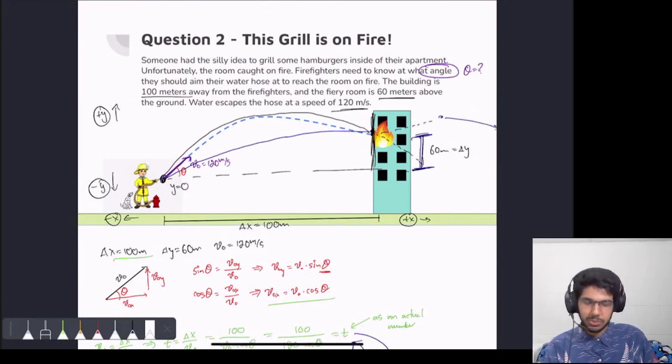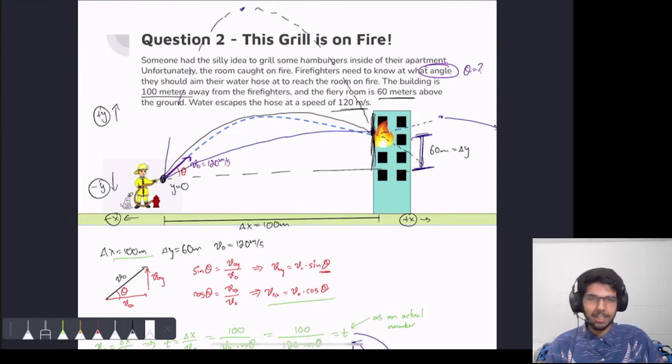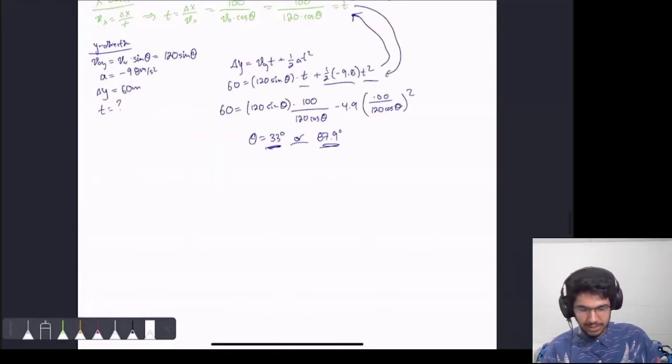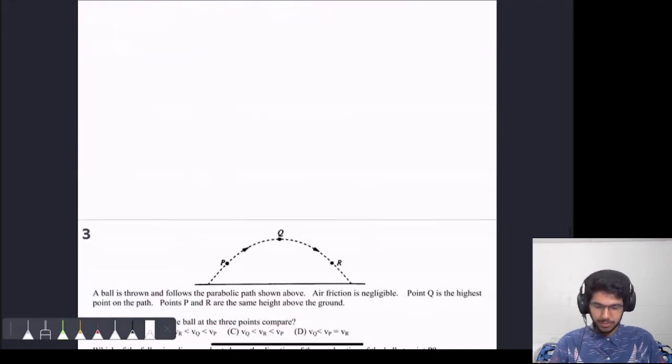When theta equals whatever the other number was, 87.9, then it's going up, and then the peak occurs up here, and then on its way down, it reaches the fire, right? So that's how we can have 2 solutions. I kind of wrote over the question, but hopefully it's still understandable what's going on. So either of these solutions are acceptable. Cool. And that's question 2.